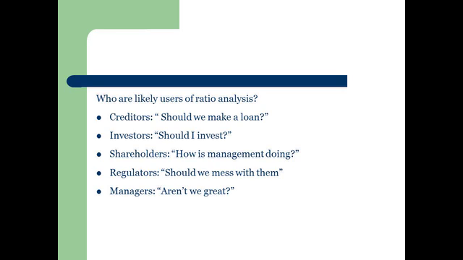For example, commercial banks. Banks provide loans to the companies, so they are creditors. So their main question would be, should we make a loan or not? Because if the company's performance is not good, obviously the bank would hesitate in giving a loan to them.